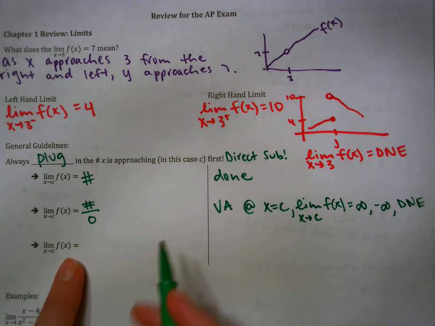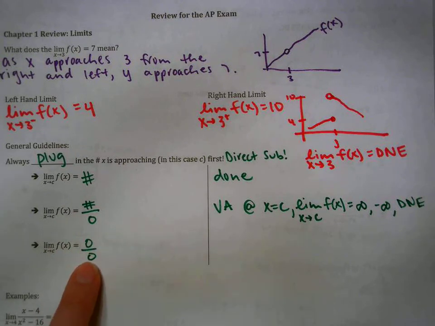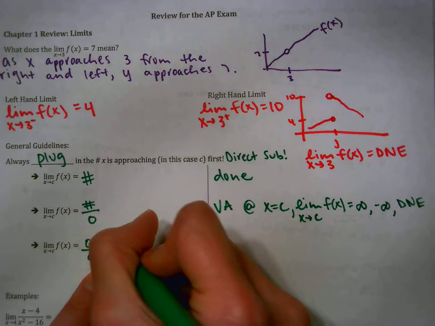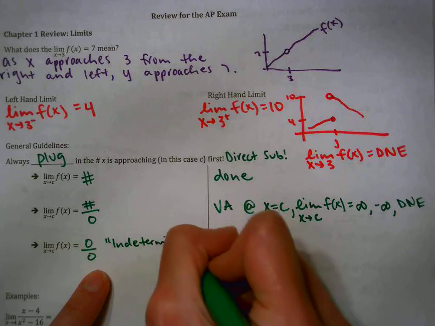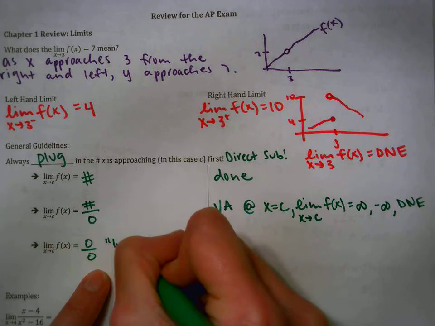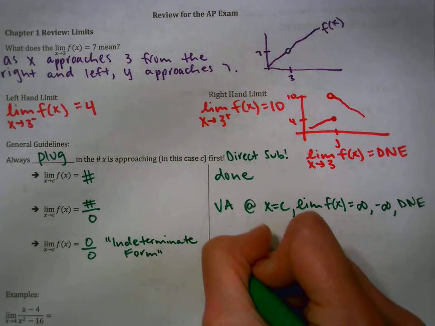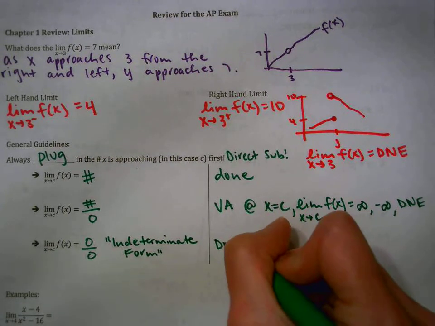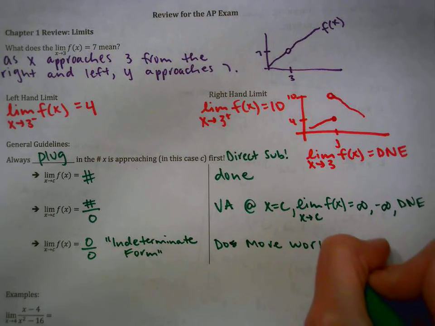And then the last scenario is if you get 0 over 0. So that, hopefully you know, is your indeterminate form. So what does that mean? It means you need to do more work. So what is that?